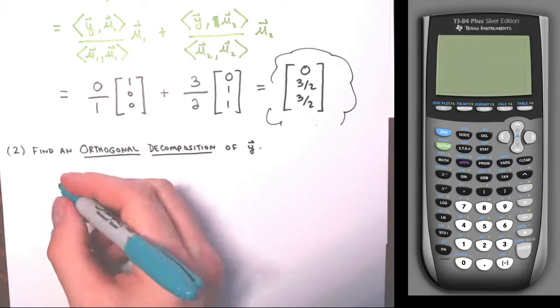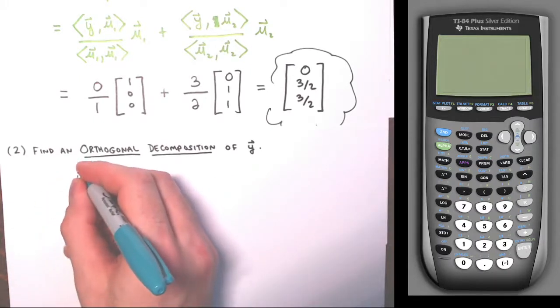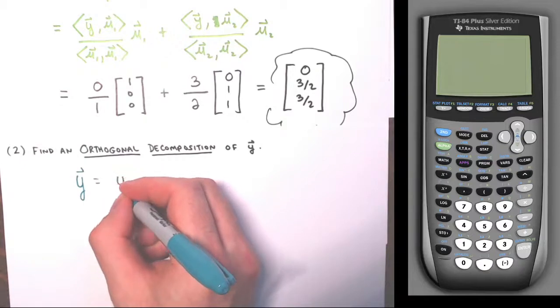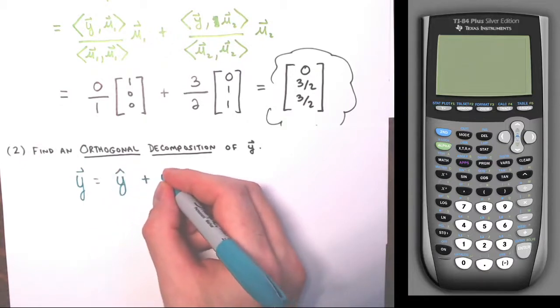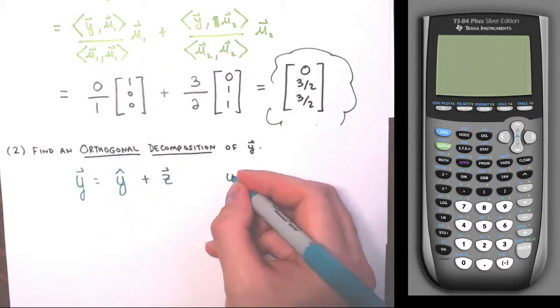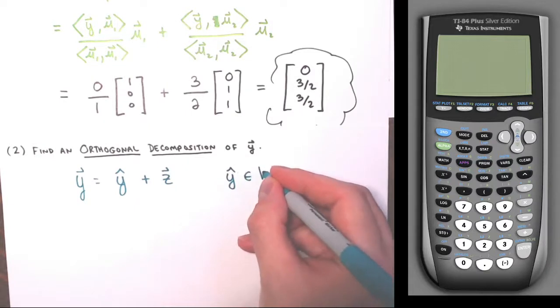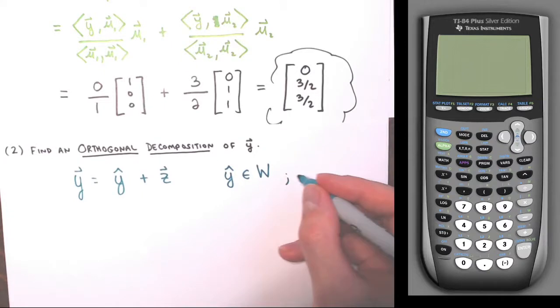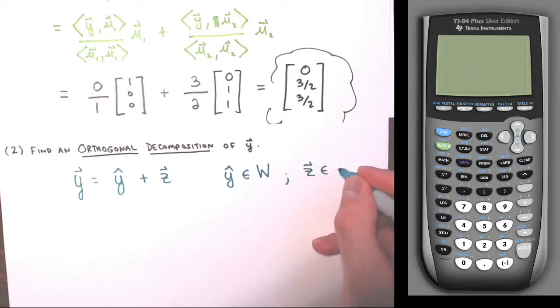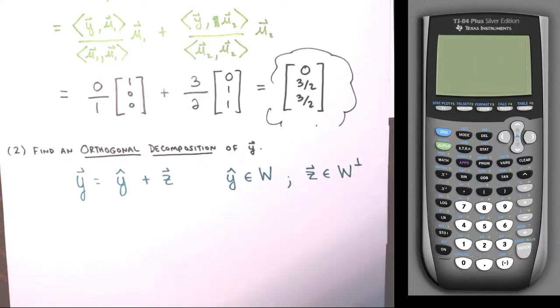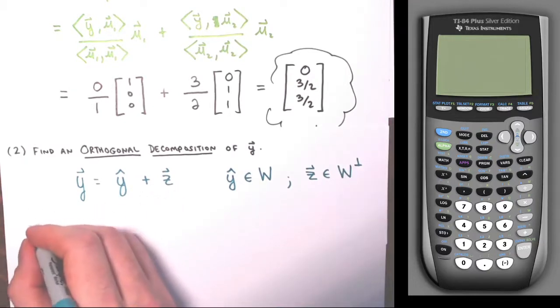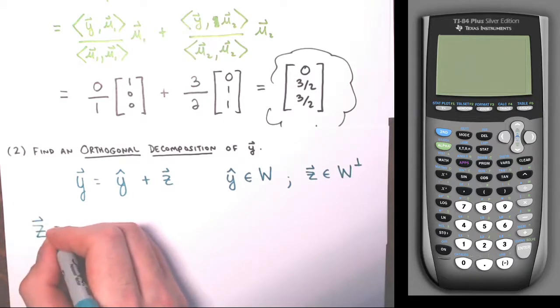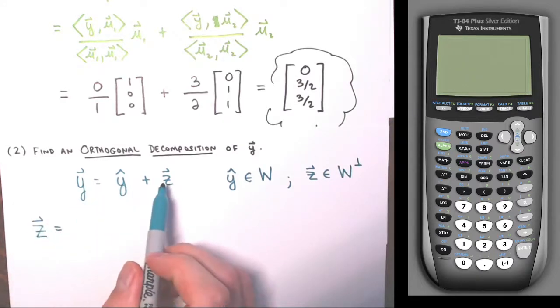I want to break y up into the sum of y hat plus z, where y hat belongs to W, the span of 1, 0, 0 and 1, 1, 1, and z belongs to the orthogonal complement of W. So these two will be orthogonal vectors. We already know y and y hat, so let's find z.